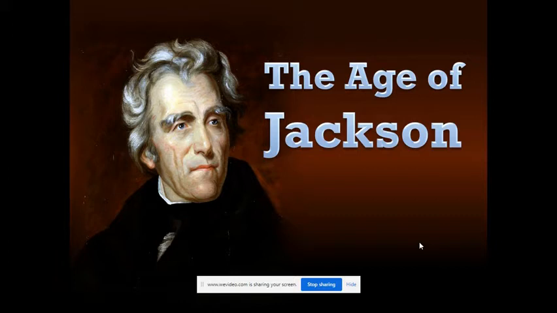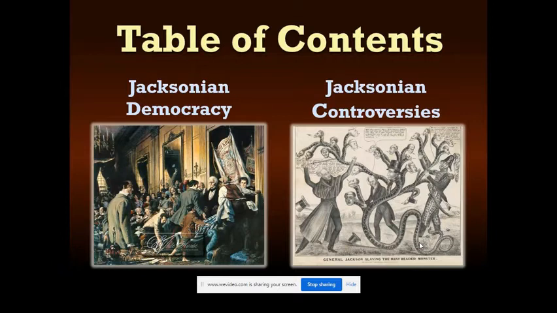The first starting point is going to be the Age of Jackson, and it really breaks down into two parts: Jacksonian democracy and Jacksonian controversies. In Jacksonian democracy, why give him the name? Why does it have to be Jacksonian democracy? Well, quite honestly, during this time period we see the birth of what you know today as the modern political system, the system that you hear about, that you're about to go vote in.